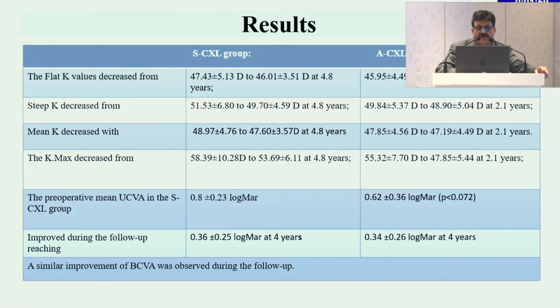The steep K values went from 51.53 to 49.7 at 4.8 years, whereas 49 to 48.9 at 2.1 years. Mean K decreased from 48.97 to 47.60, and 47.85 to 47.19 in the accelerated group. The preoperative visual acuity was 0.8 and 0.62 in the two groups, and there was improvement during the follow-up in best corrected visual acuity also.